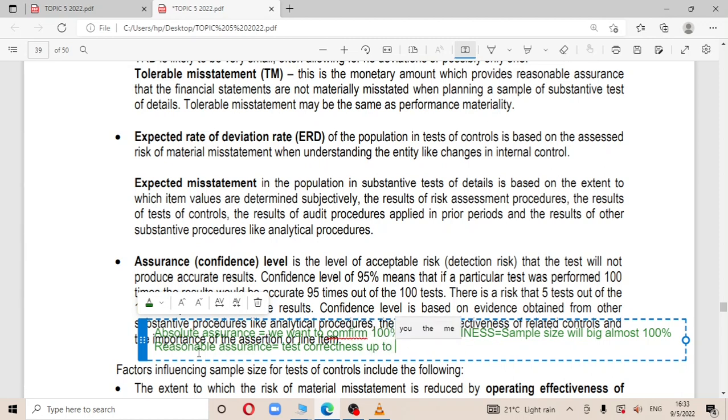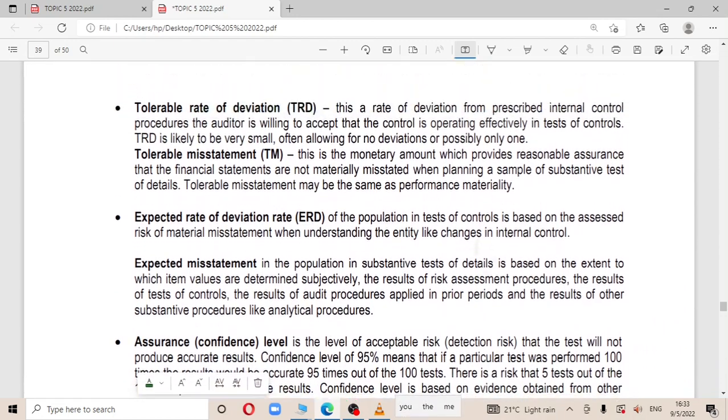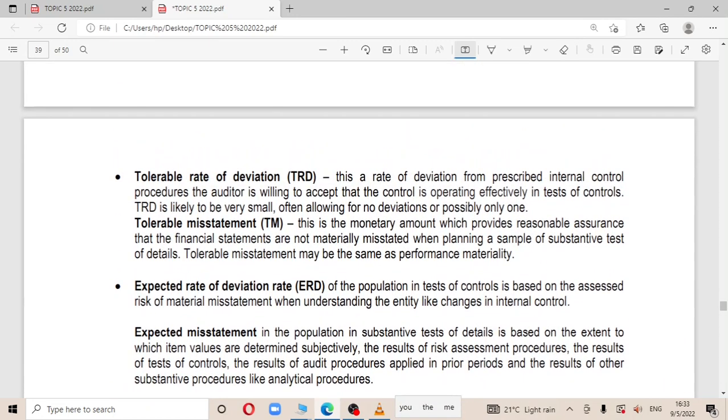So we have looked at 3 points: your tolerable rate of deviation and tolerable misstatements, what you can tolerate. If you are willing to tolerate fewer misstatements, then your sample is likely to be high. You get it? But if you tolerate more misstatements, then your sample size may be low.